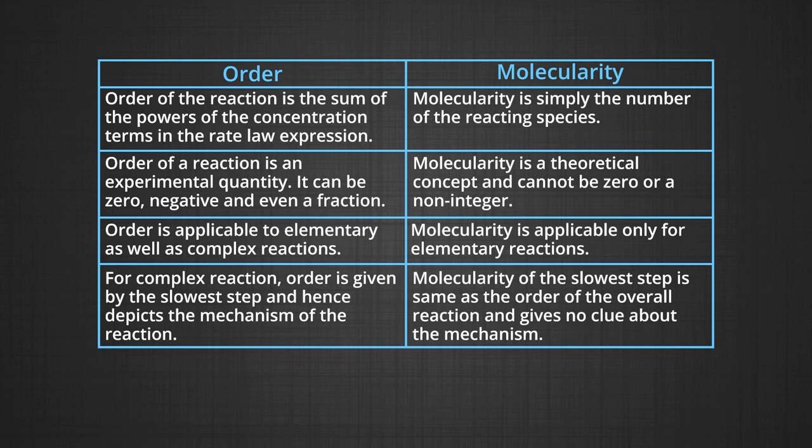Point 3: order is applicable to elementary as well as complex reactions, whereas molecularity is applicable only for elementary reactions. For complex reactions, molecularity has no significance. For a complex reaction, order is given by the slowest step.